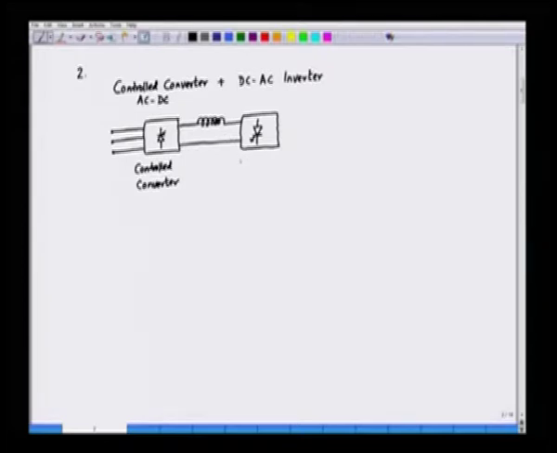This is called a current source inverter. This is a DC to AC conversion, and the front end is an AC to DC conversion, and we have the motor. The motor is fed from this inverter, so we have an AC motor.